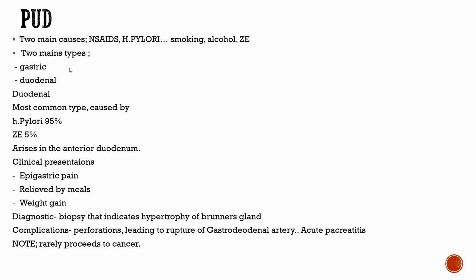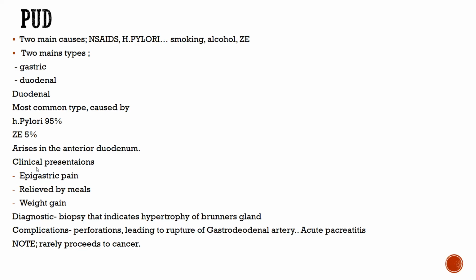A gastrinoma is a tumor, a gastrin producing tumor. And then that gastrin goes to the parietal cell. The parietal cell is being stimulated to produce a lot of hydrochloric acid. Okay. So where do you find this? You will find it in the anterior duodenum, but you can also find it in the posterior duodenum. The posterior duodenum one is the one that has a lot of complications, and we will come to that.